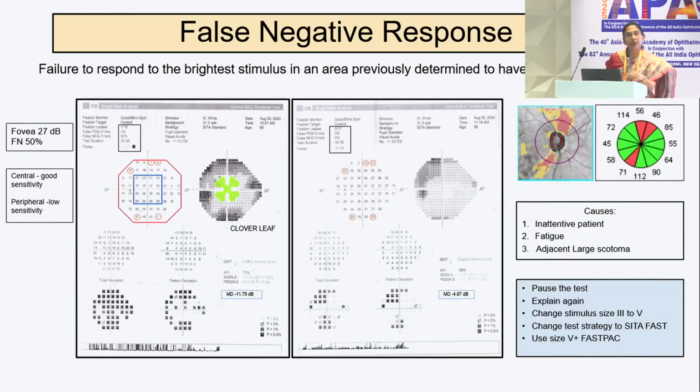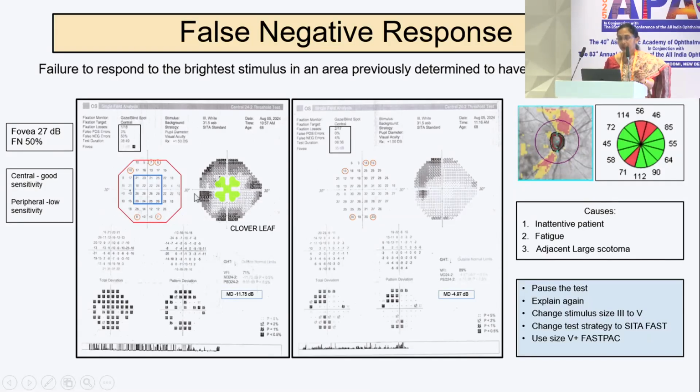Similarly, false negative response is another artifact that happens. Normally, when the patient starts to perform a test, the patient understands and responds properly when the central points and the 4 cardinal points are being tested, and as the test progresses, the patient becomes inattentive and the peripheral points show a lot of depression.